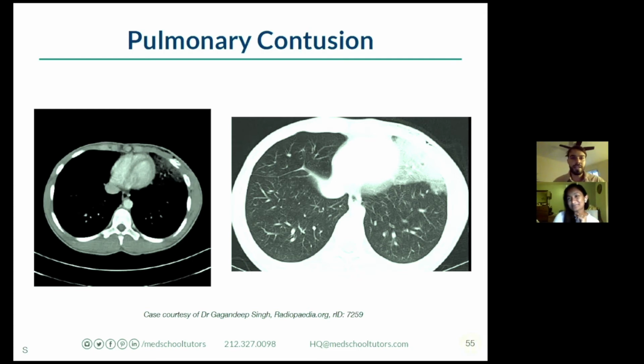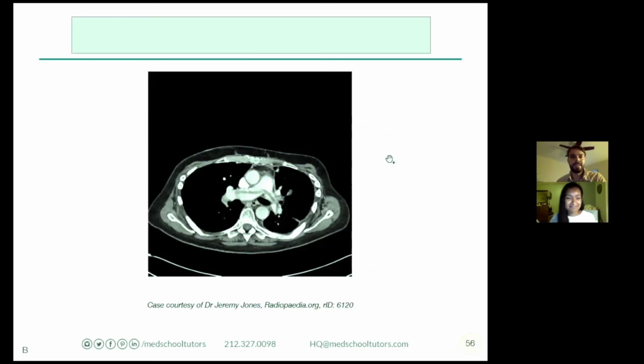So you trust your assessment there and you don't jump to some big diagnosis because they're on 1 liter of oxygen or they're on room air and satting fine. This patient isn't the one that's going to present with all the other scary stuff. This patient's going to be fine, and you're going to have to trust yourself in that. That's one of the hardest things on the exam, just trusting yourself. Definitely. Nice. Thanks.